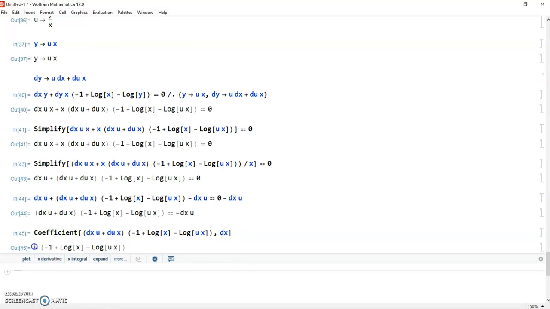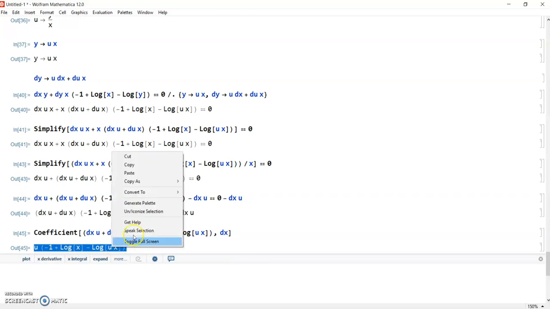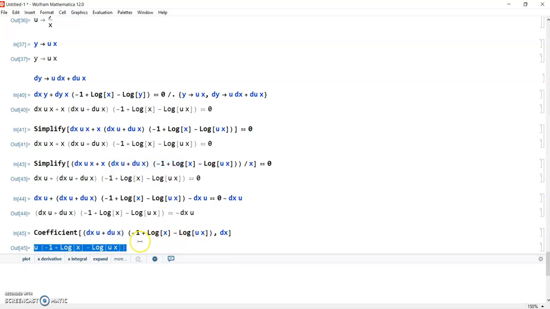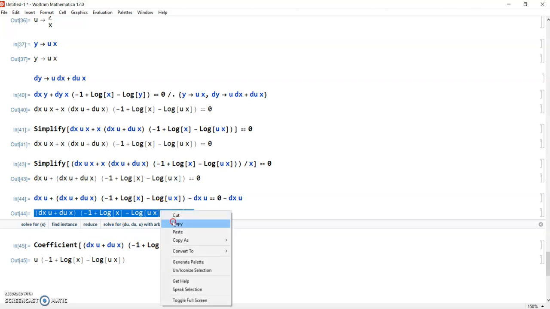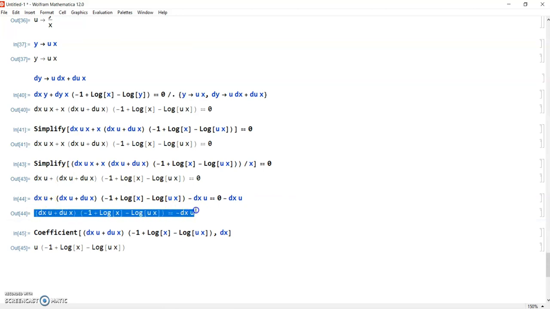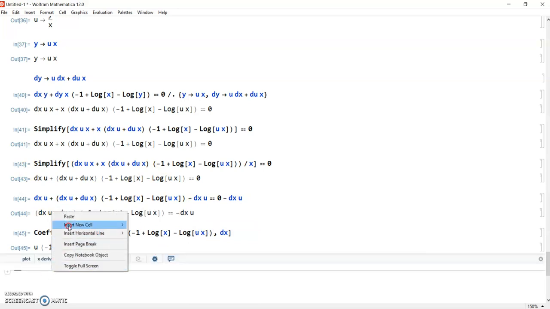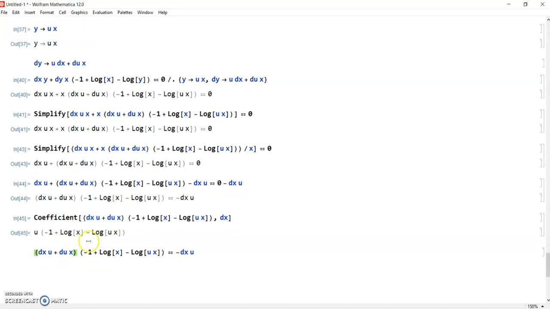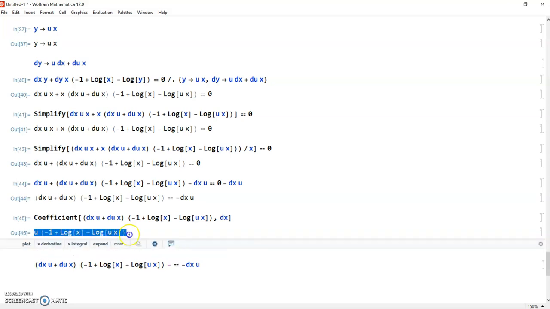Okay, this is this. It means that I can subtract this from both sides times dx. Okay, so I can take this equation, sorry, I can take this equation and then write it here, and then I can subtract this coefficient, which is the coefficient of dx.